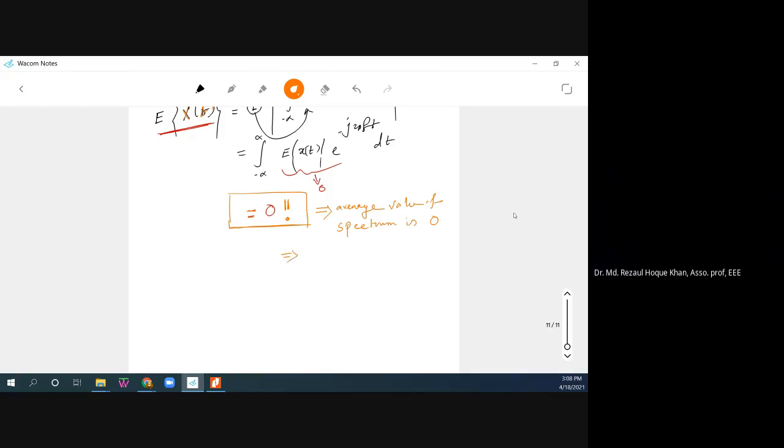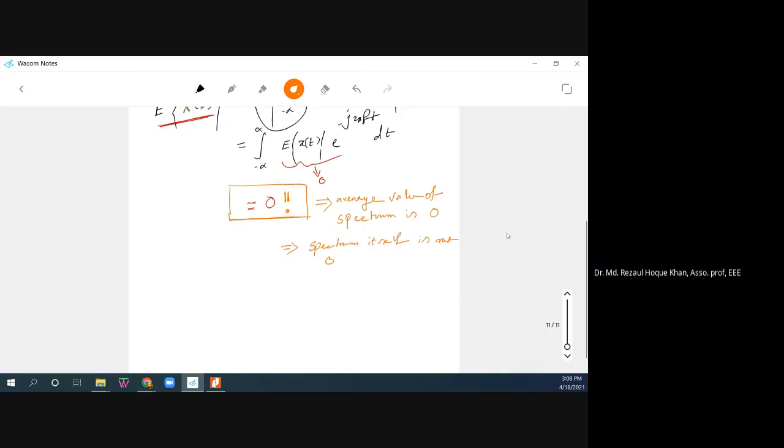The average value of a spectrum being 0 doesn't mean the spectrum itself is 0. So the spectrum itself is not 0. Okay.